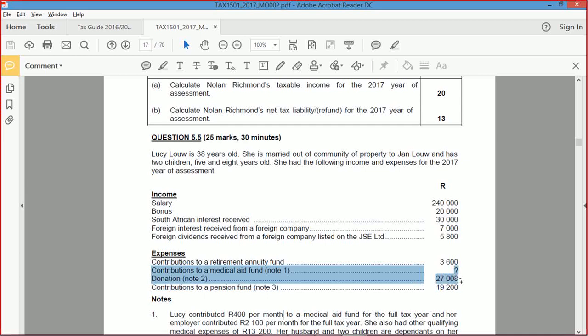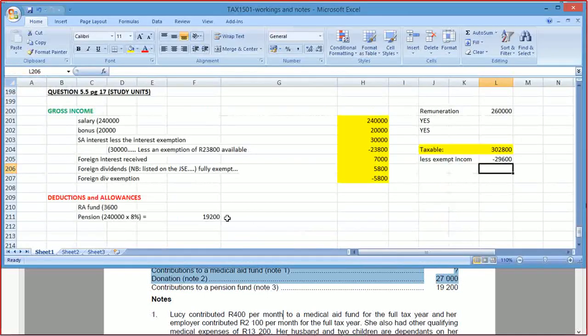Taxable means her deduction, what she would be required to pay. But you see, that's not taking those other things into consideration. I'm not taking the donation, I'm not taking the medical aid into consideration. So actually, you need to do more first before you can work this out. I'm not subtracting her other stuff.